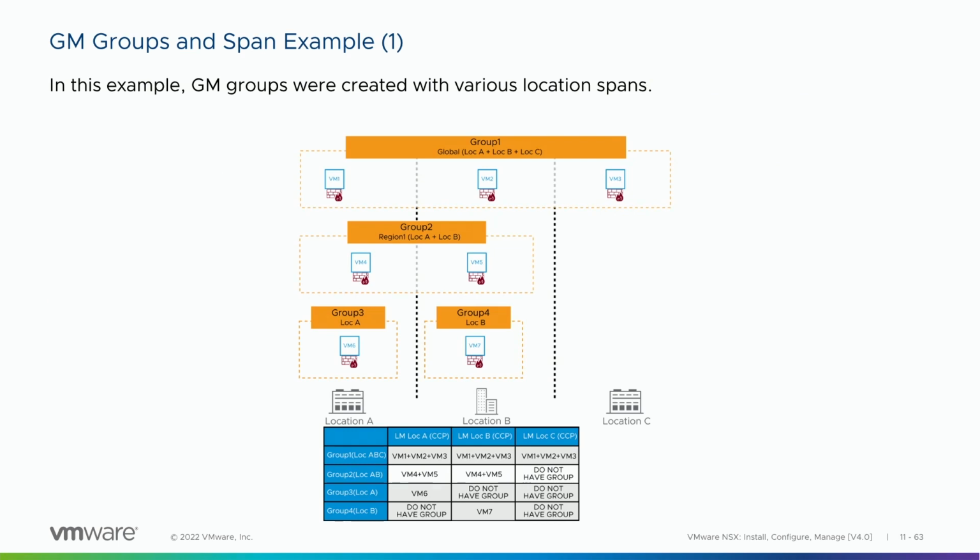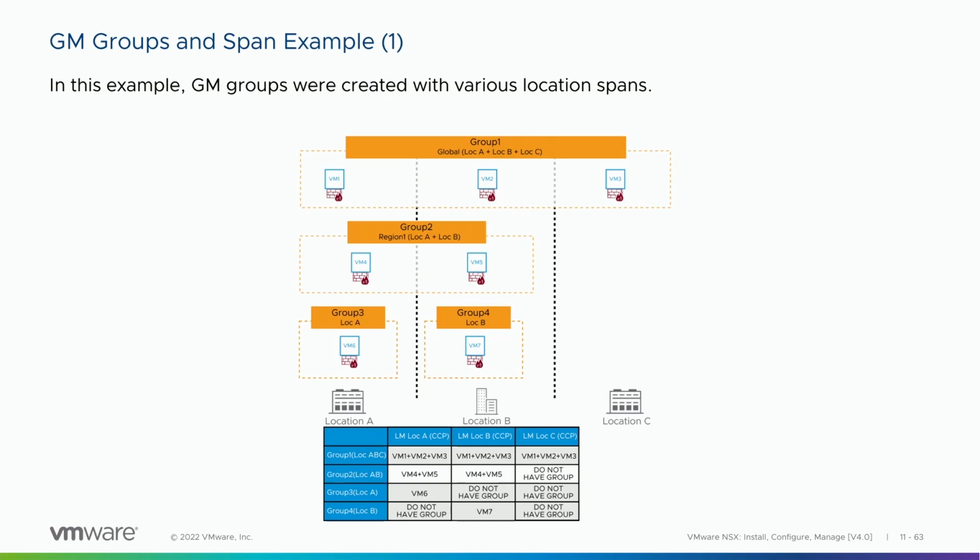So here we see some different examples of span, of that region span. When I create my group and I associate a span, I've got a group that spans all three locations, my global region maybe, and another group that spans just two locations. So I have a custom created region. And I've got a couple of groups that span only individual locations because I set the individual location as the region object.